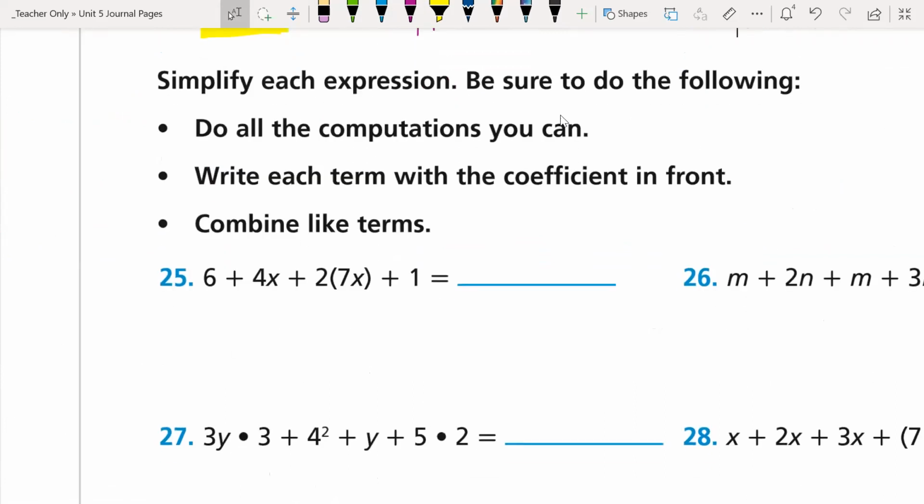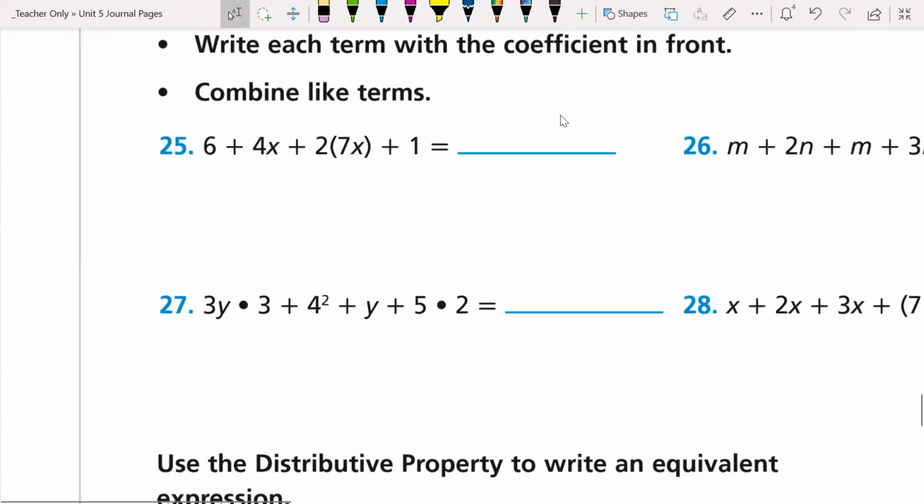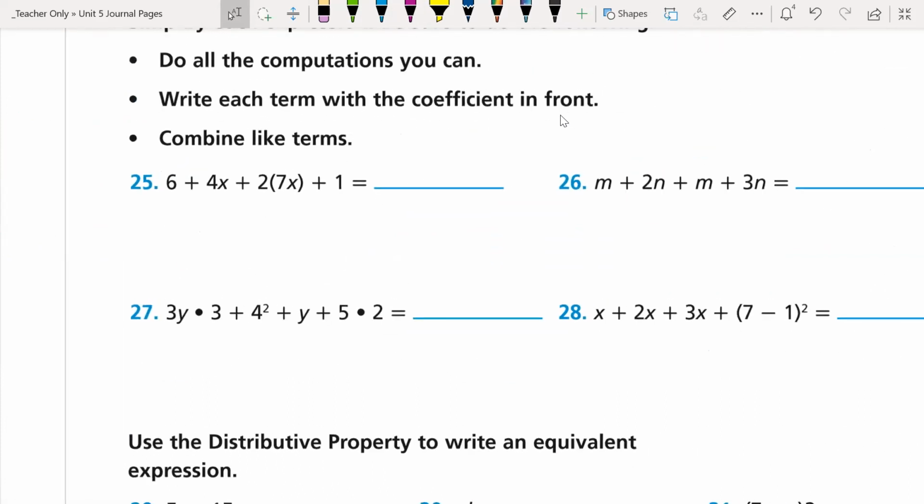So this one, all you're going to do is simplify. I'm going to do number 25 and 26 for you, or with you. Number 27 and 28 you already have written in your notebook. So again, hit me up with questions if you don't know. Okay, so let's just start by looking at the x's.